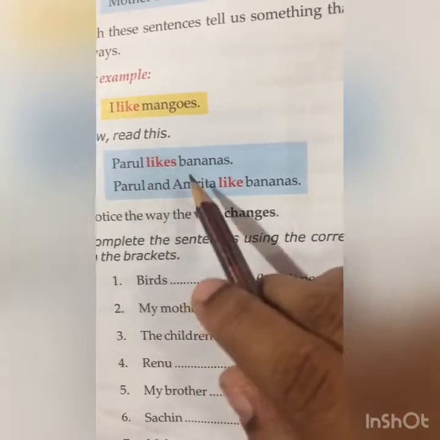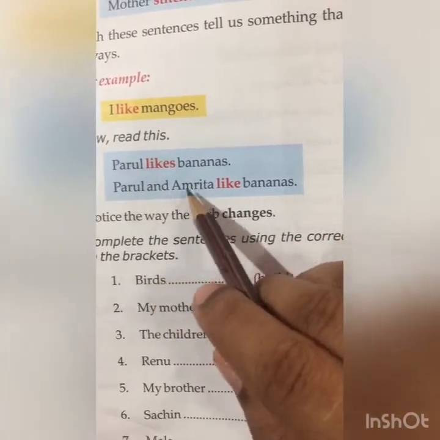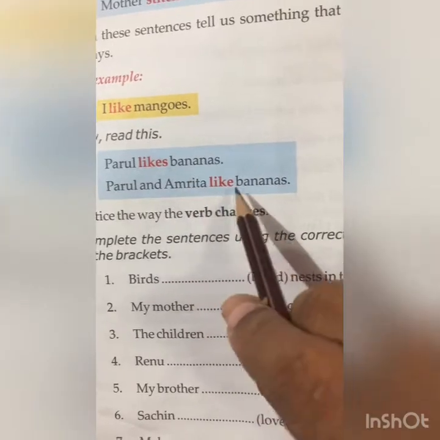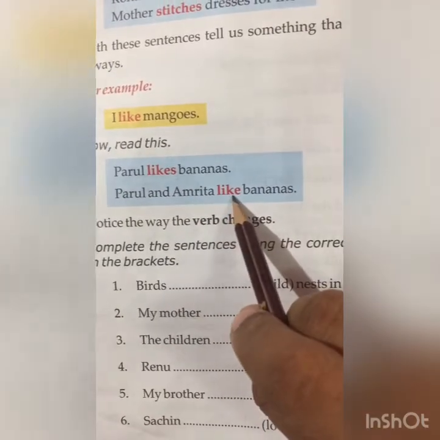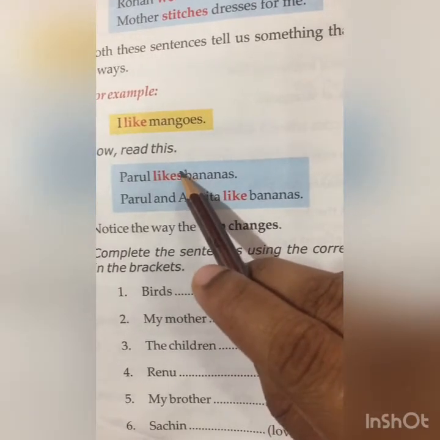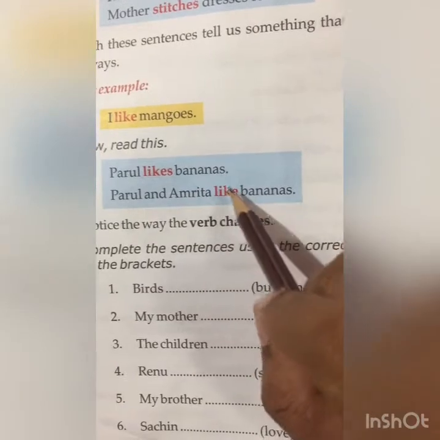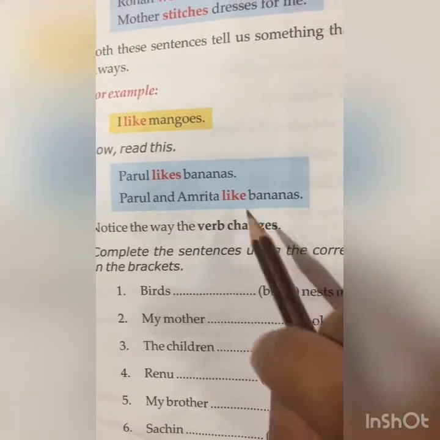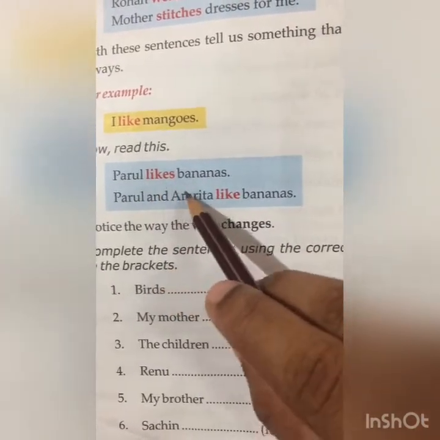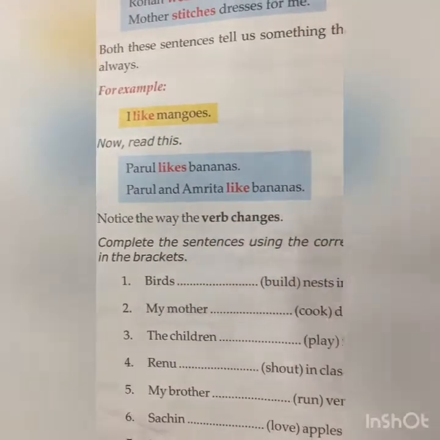Here there are two persons, Parul and Amrita, so it is plural and we use a plural verb. With a singular verb, there is always an S, and with a plural verb, there is no S added. So, Parul likes bananas. Parul and Amrita like bananas.